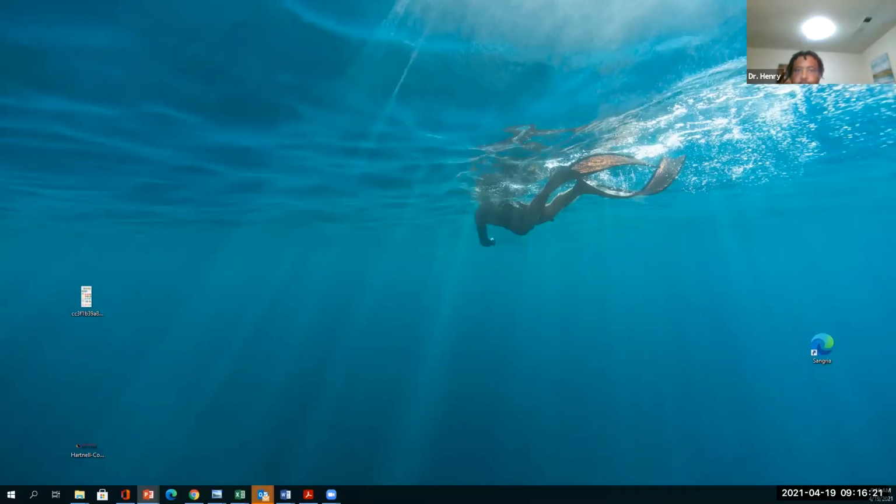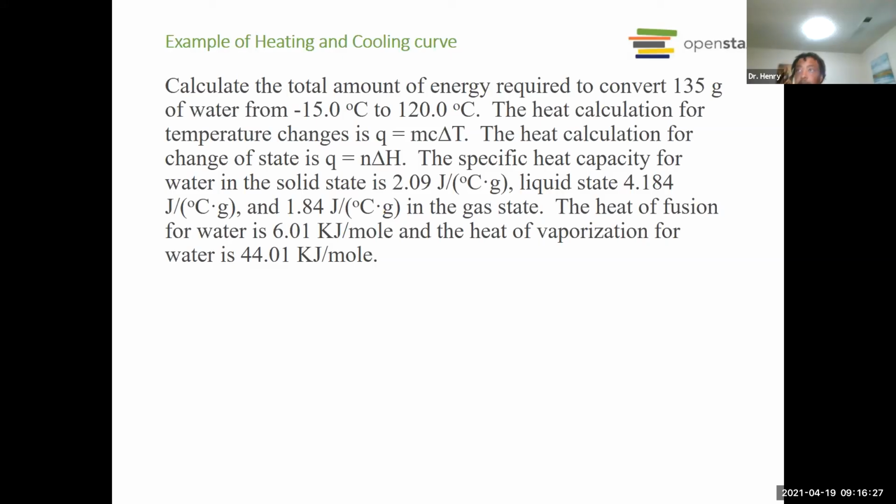We don't mistake it for time. The heat calculation for the change in state is Q equals N delta H.